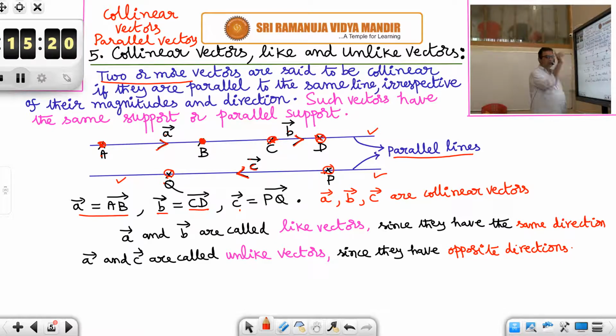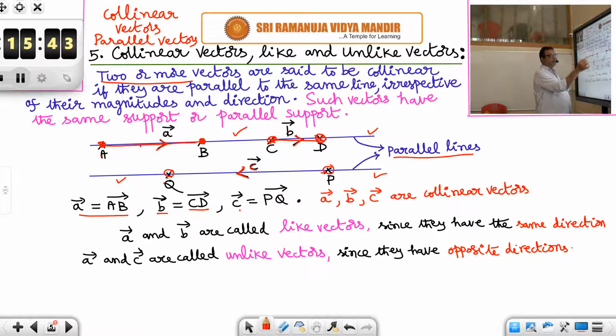Generally, in geometry, if they are in the same line, then only we call it collinear, is it not? Suppose 3 points are collinear means they are in the same line. 4 points are collinear, they are in the same line. Here AB bar and CD bar are on the same line, the above line.